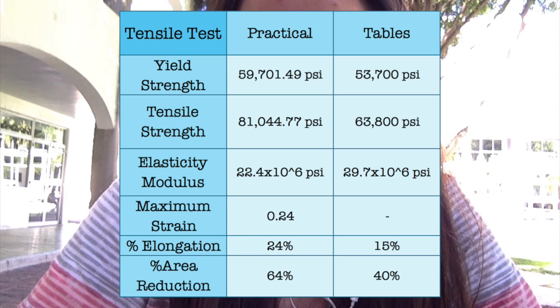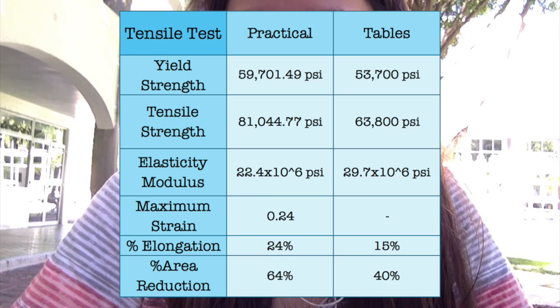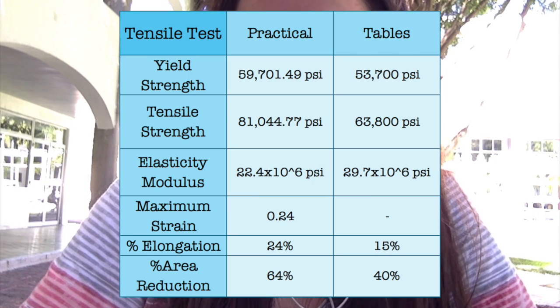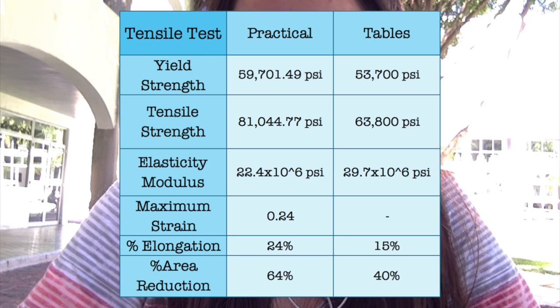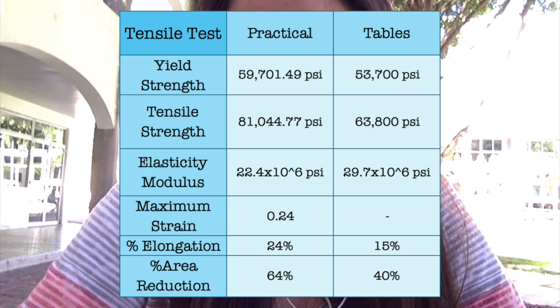The maximum strain that we got was 0.24, the percentage of elongation was a total of 24%, and the percentage of area reduction was 64%.